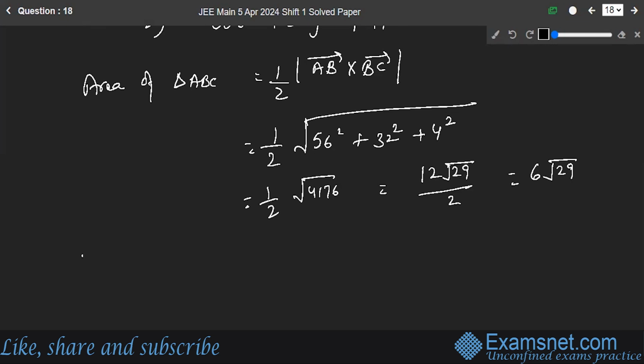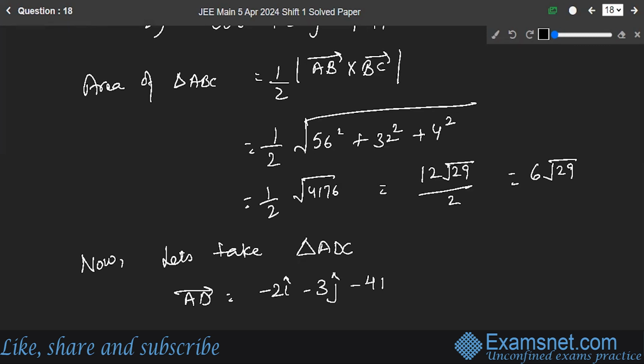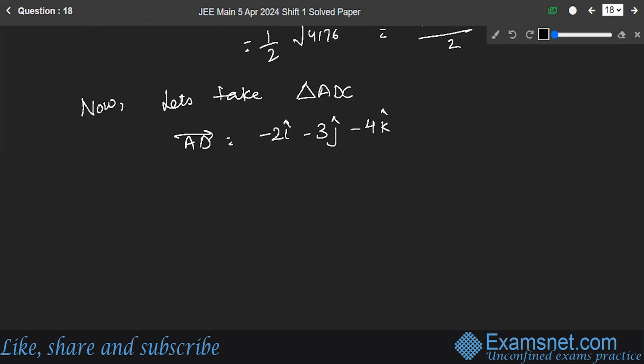Right. Now let's take triangle ADC. And here you have AD vector as minus 2i, minus 3j, minus 4k, and DC as 4i, 8j, minus 8k.